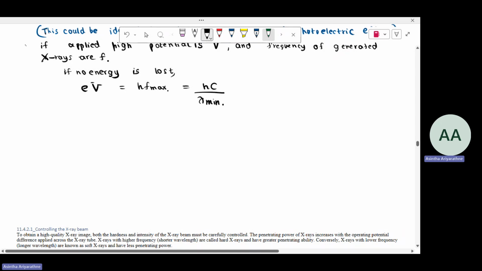Lambda is minimum when the frequency is highest. So this is how it goes.